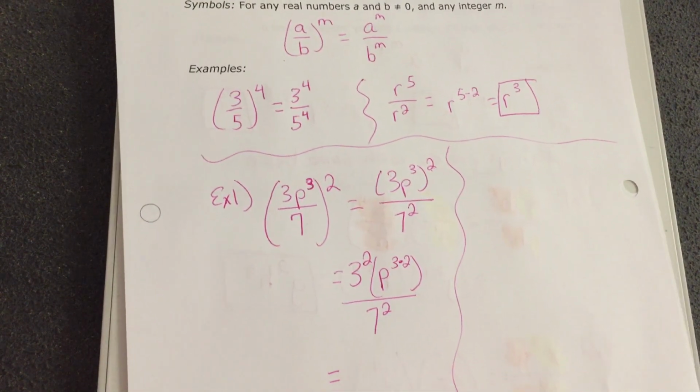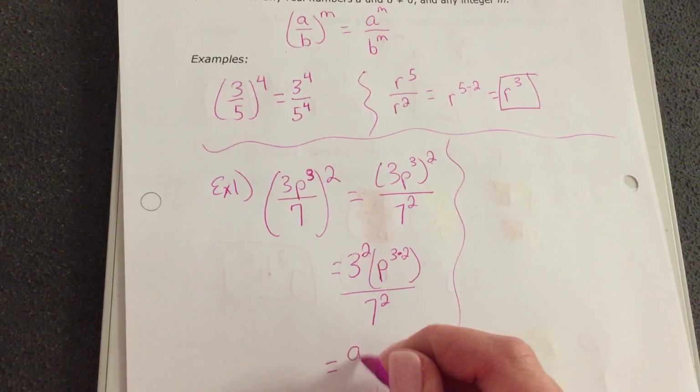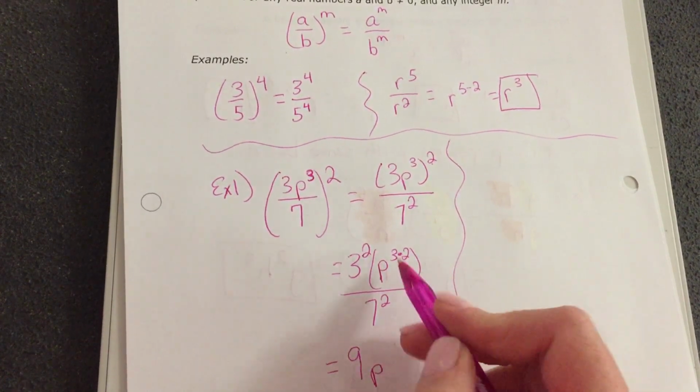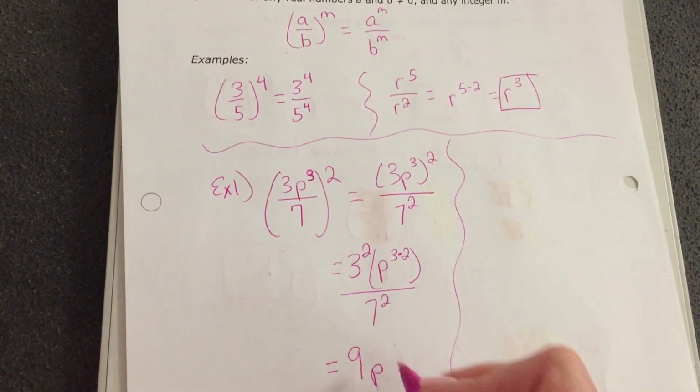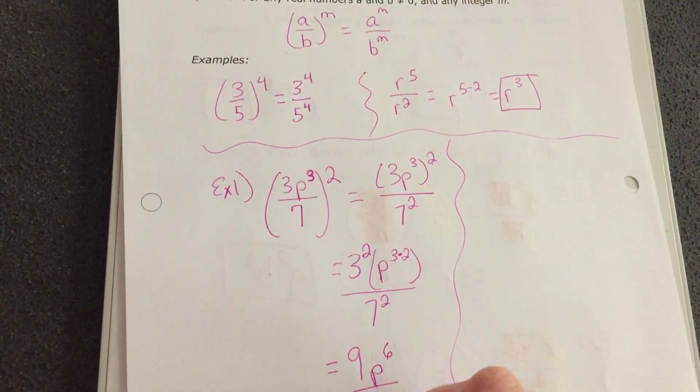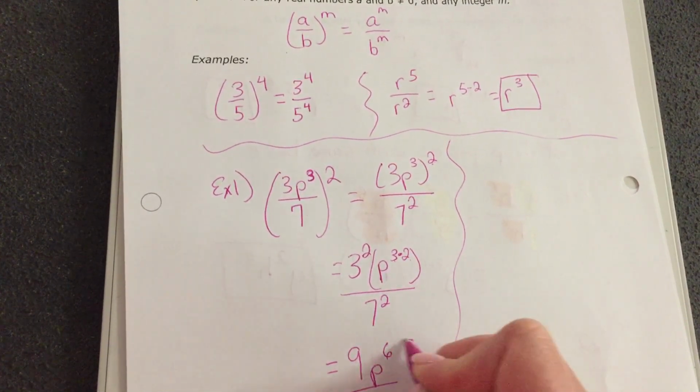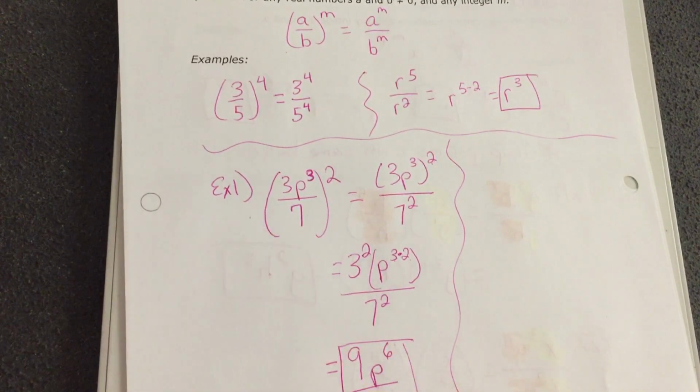And what is 3 squared? 9. And then I have p, what's 3 times 2? 6, over 49. So that would actually be the answer to that problem, and that's in simplest form. I cannot do anything else. I don't have the same bases, and we're good right there.